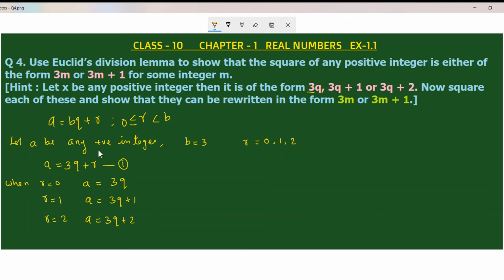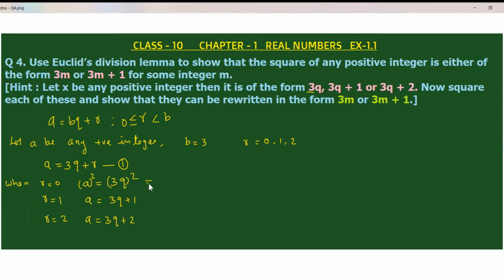Got it? Now we have got 3 equations, but our question is the square of any positive integer is either of this form. So our positive integer is this. So we are going to take the square on both sides. Square, not square root. Take square on both sides.